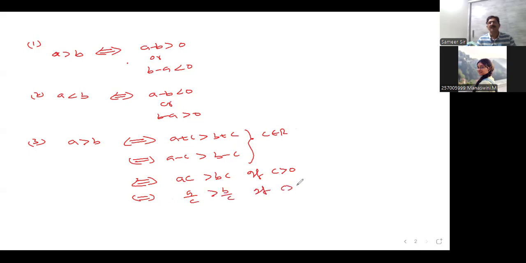In these two cases, multiplication and division, the inequality is not affected. But the moment the inequality is affected, greater than becomes less than. When? If you multiply by a negative quantity. Even dividing by a negative quantity, the inequality is going to be affected.